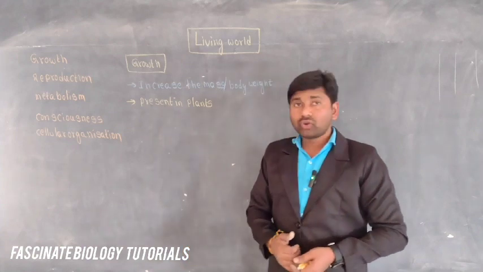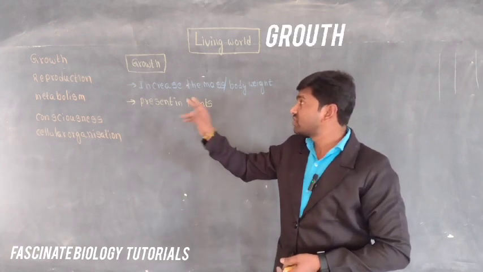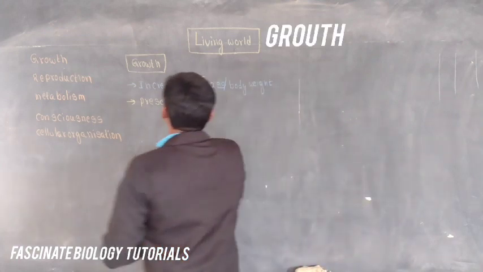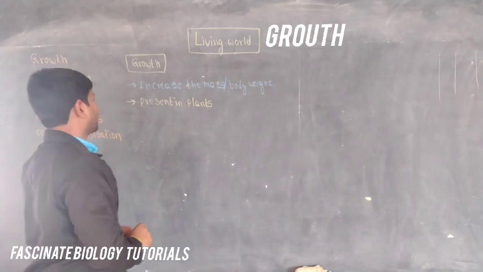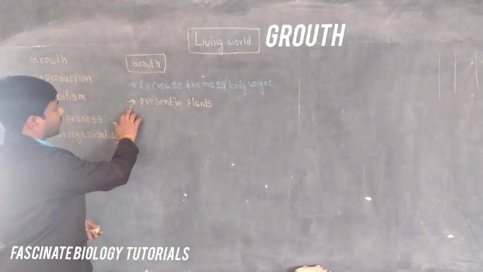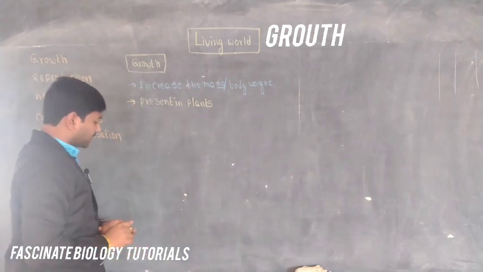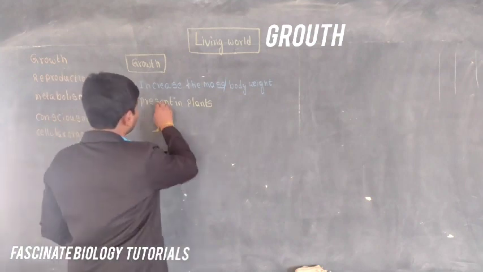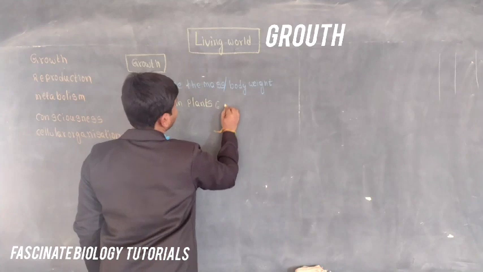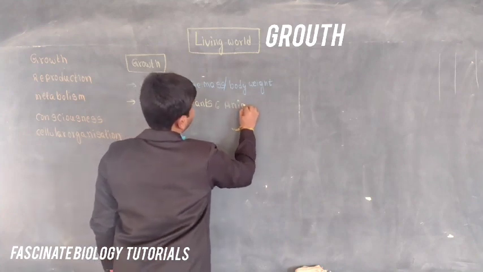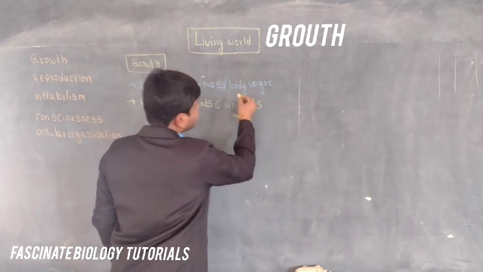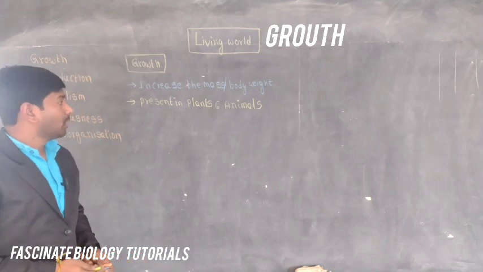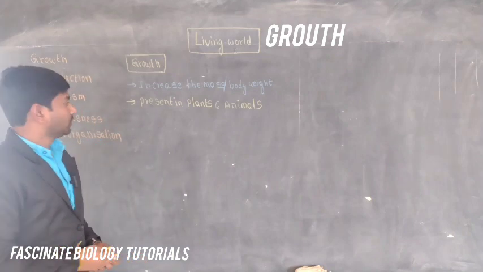Now we are discussing them one by one. The first one is growth. Growth is the increase in mass or body weight. It is present in both plants and animals. Not only plants and animals, some microbes also perform these living reactions.